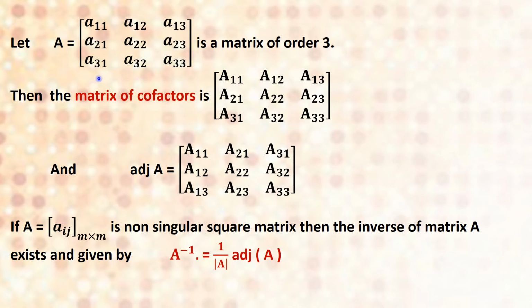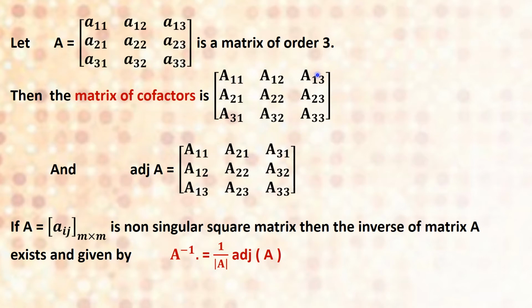After getting the minors, we can calculate the cofactors, each cofactor A11, A12, etc. And after getting the cofactors, we form the cofactor matrix, or matrix of cofactors: capital A11, A12, A13, A21, A22, A23, A31, A32, A33. Now, adjoint of A is the transpose of this cofactor matrix.